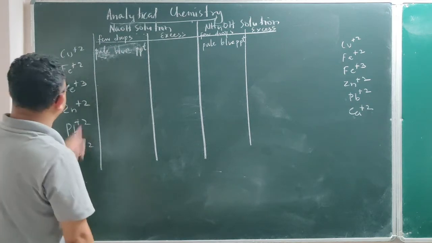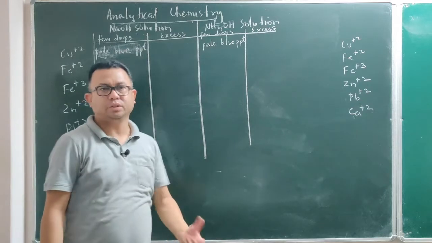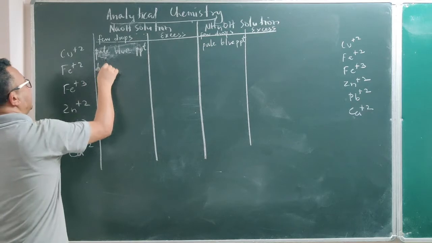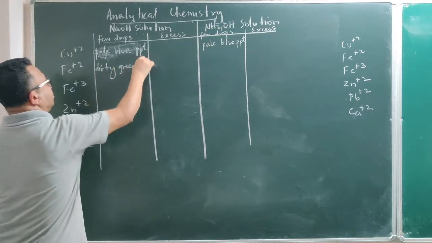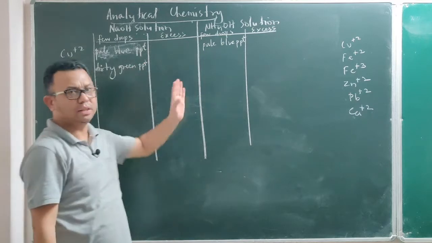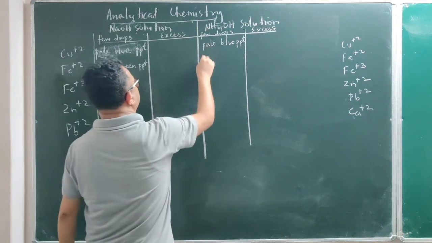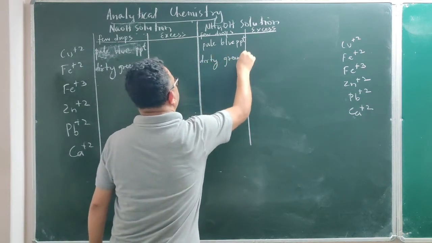Then next one, if it is ferrous, if you are given any ferrous salt which has iron 2, then the color will be dirty green. So it will be a dirty green precipitate. The same thing happens here also. The good thing is that in both ammonium hydroxide and sodium hydroxide, the color of the precipitate will be the same. Here also it is a dirty green precipitate.